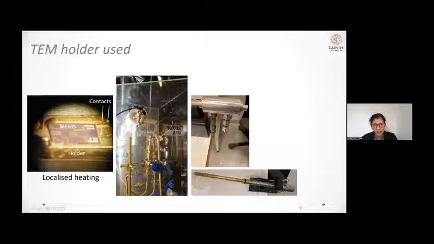This keeps the heated portion very small compared to, say, a furnace heater kind of TEM holder, where there is a very large region which is being heated, and that is going to give a very large drift while you're doing the experiments when you're changing the temperature. But if you have this MEMS design, the heating is very local, and hence the drift at each temperature is very minimal.